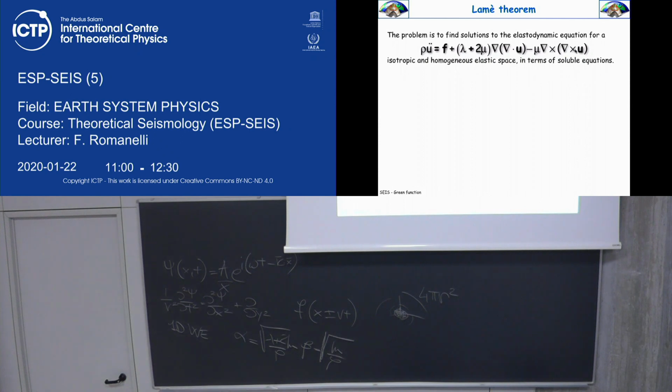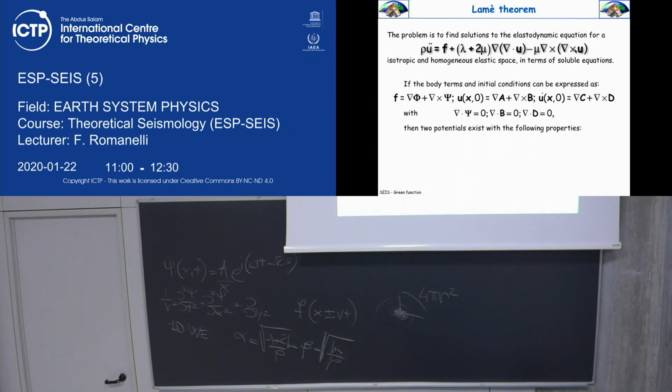How to solve that problem? Okay, let's try to break F using Helmholtz theorem. We have used Helmholtz theorem to find this. Now let's use it again to break F into a scalar and a vector with a scalar and vector potential.